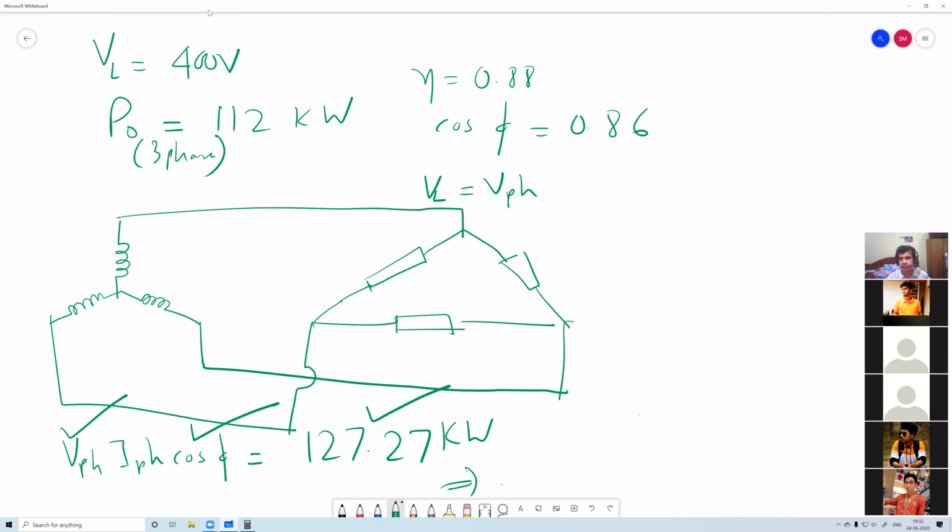So either I can divide it or I can use this formula √3 V_L I_L cos phi, that is 112 kilowatts, actually divided by 0.88.